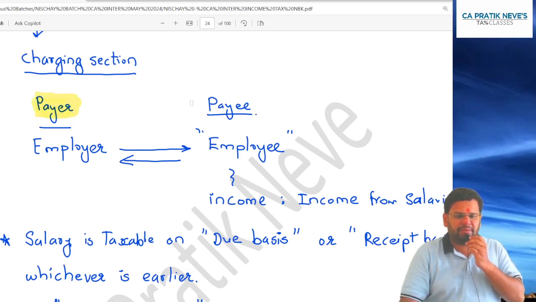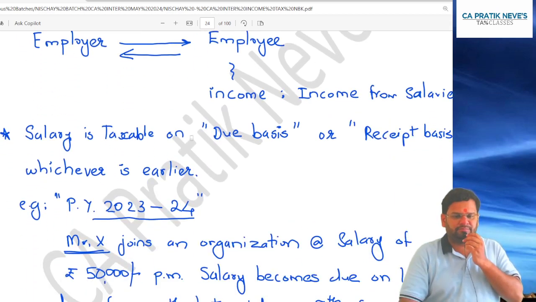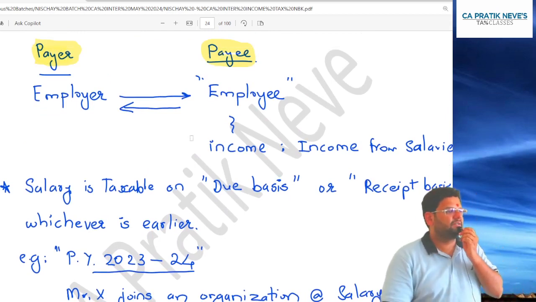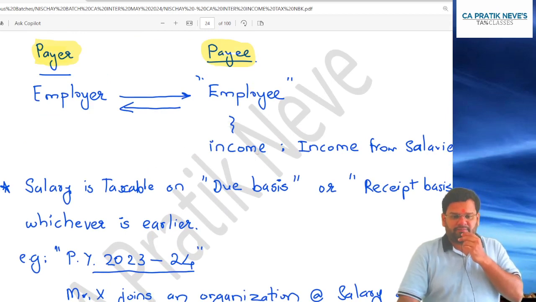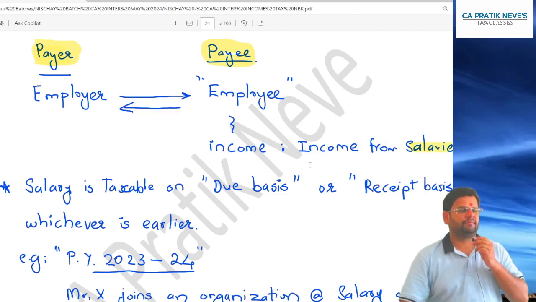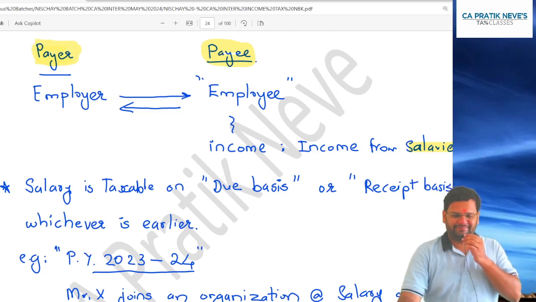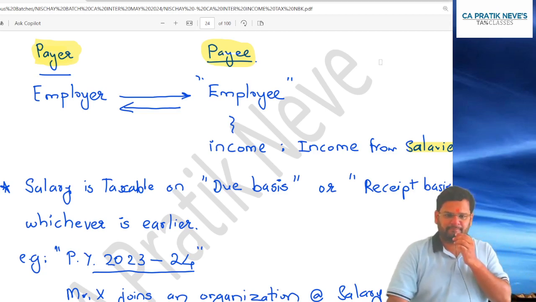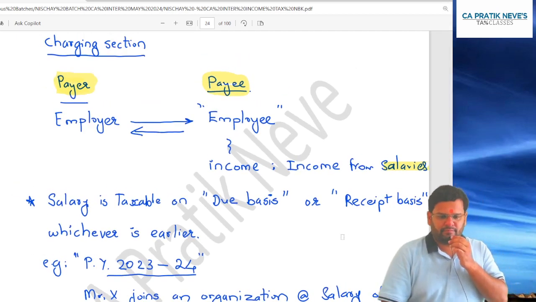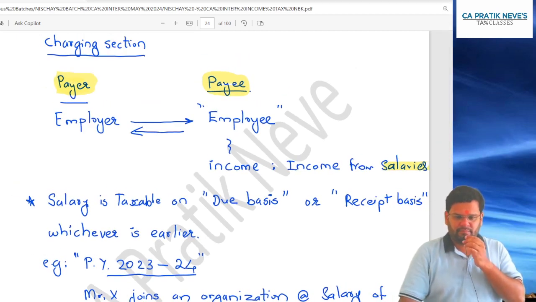Clear? So whatever an employee gets will be taxed under the head income from salaries. Is it clear till this point?